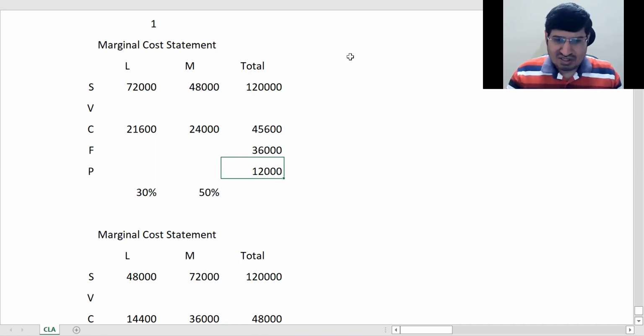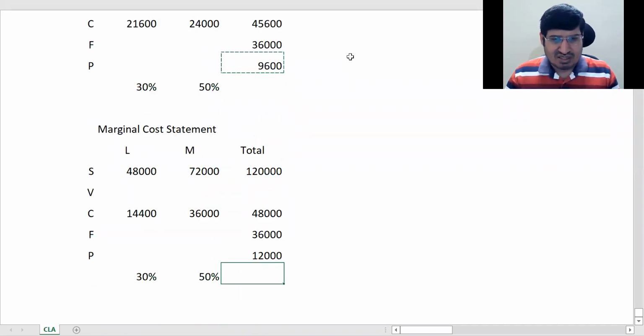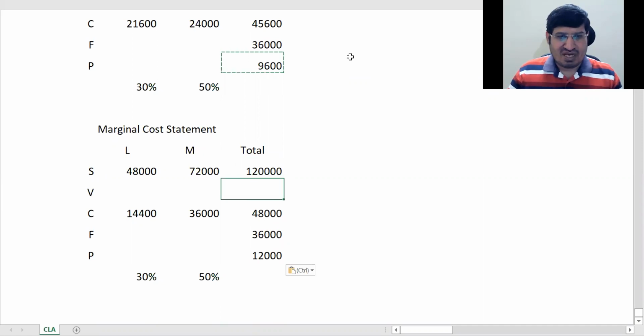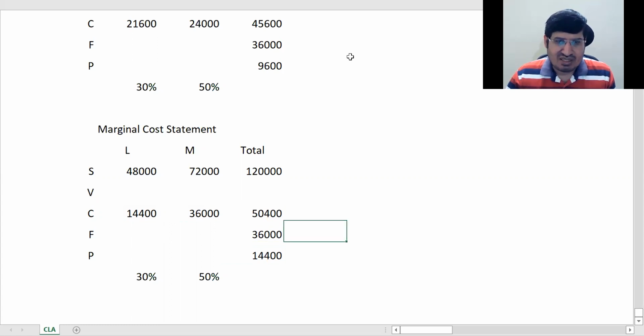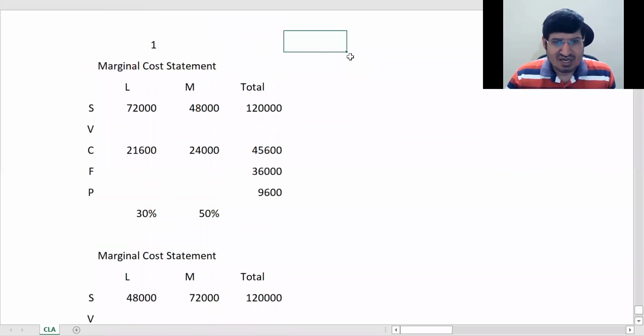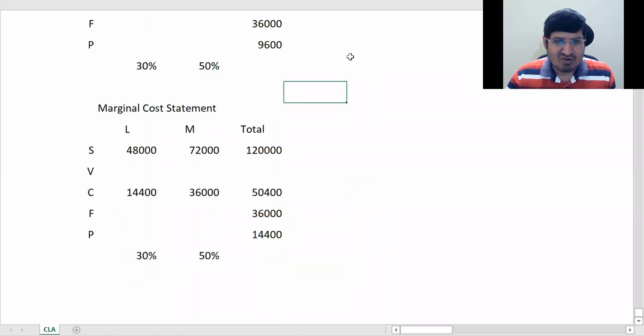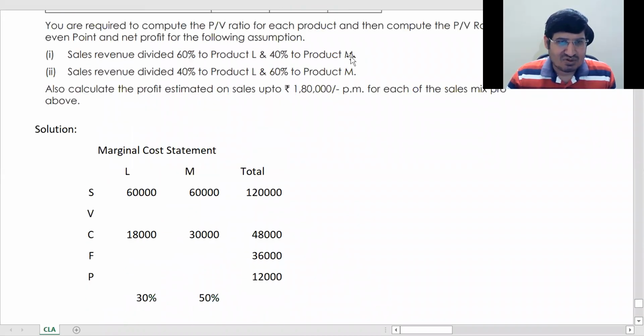This is your fixed cost and profit will be this minus this, 9,600. In this case again, total contribution will be this plus this. So profit in both these cases is 9,600 and 14,400.